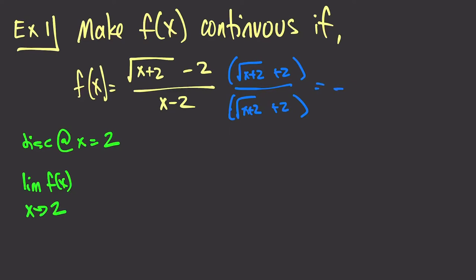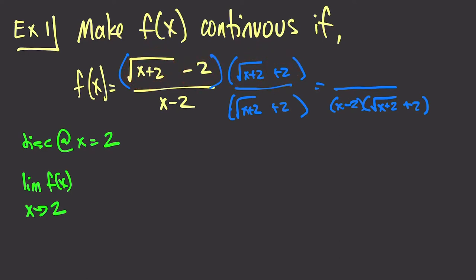Now my denominator, I'm really not going to multiply out. I'm just going to write x minus 2 times this conjugate of square root of x plus 2, plus 2. Now, what's going to happen in the numerator is when you multiply these two, because they're conjugates, you really just need to multiply the first terms and then the last terms.